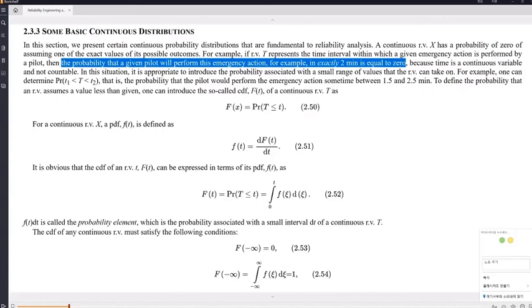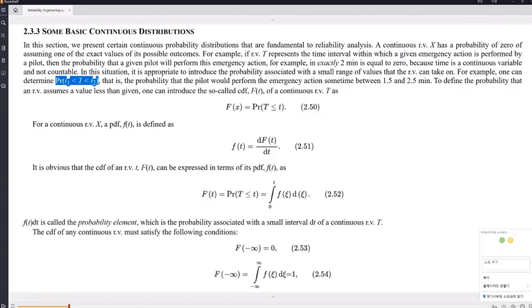The probability that the time is exactly 2 minutes is not possible to define. But we are able to define the probability that the time to action lies within an interval.